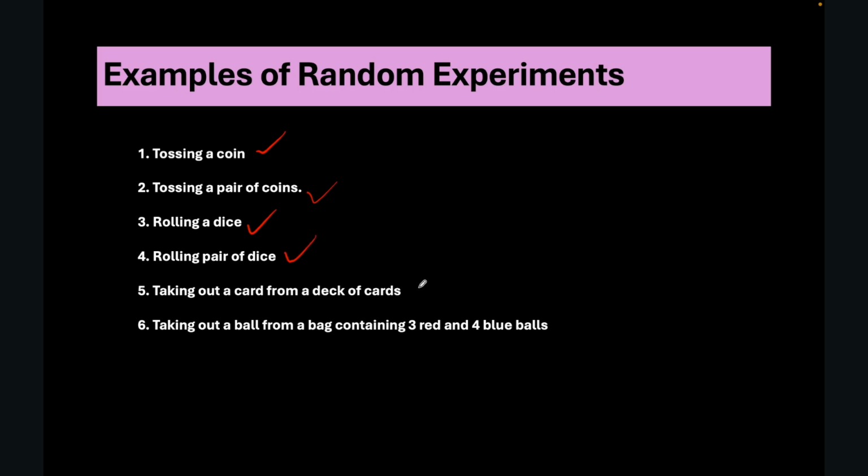Taking a card out from a deck: you have 52 cards in a deck, what's the probability that it's a suit of hearts? Taking a ball out from a bag. Very classic, orthodox examples. These are the kind of examples you're going to see in your exams as well. Nothing's going to be out of the ordinary. It's going to be some situation which you've seen more often than not.